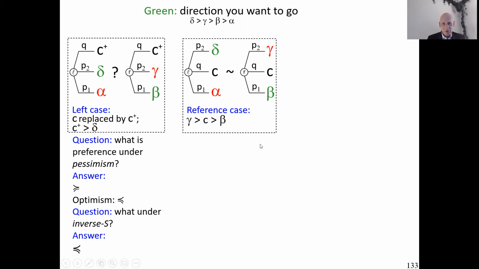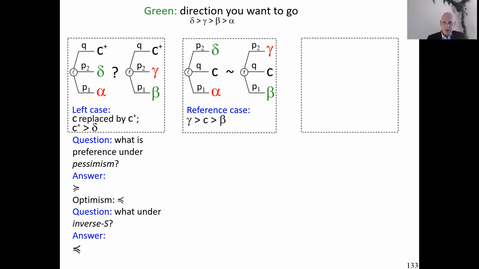Because for inverse S, we only have to look at the upper branch, and the upper branch here is best ranked. It's extreme. It's receiving a lot of attention. Here it is middle ranked, not receiving much attention. Therefore, in the left case, the argument for going left has weakened, and therefore we get a preference for going right. So that's how it works for the inverse S shape.